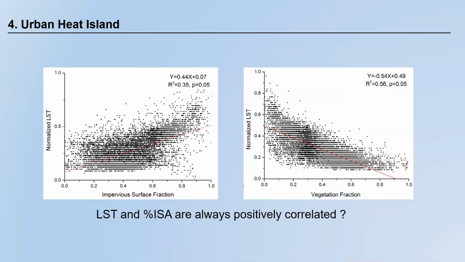It makes sense, right? Because if there is vegetation, there is always more evaporation, right? And evaporation usually makes air and surface cooler, right, which will decrease the impact of UHI. So positive correlation between LST and percentage ISA, and negative correlation between LST and percentage vegetation. Okay, so that's a fact.